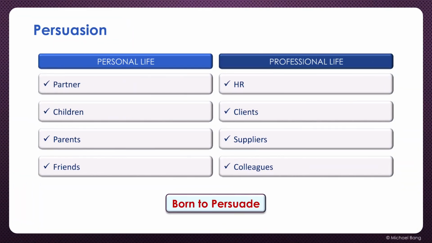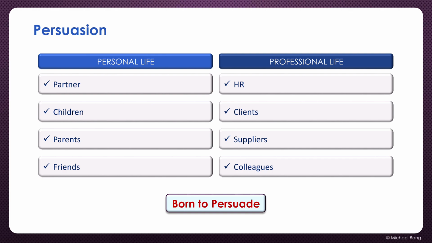So first of all, we need to realize that we are involved with persuasion and negotiation every day of our life. This can be in our personal life with our partner.